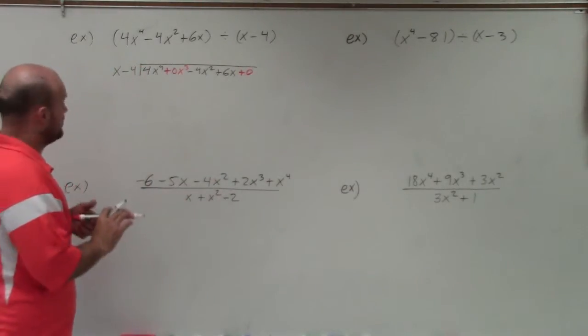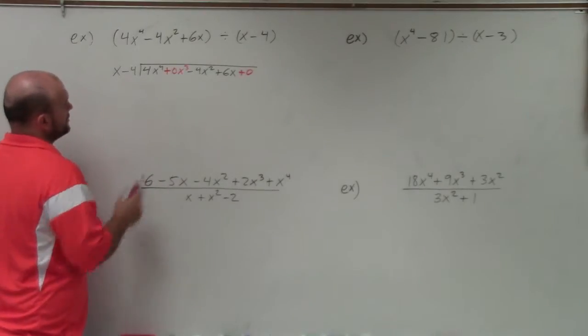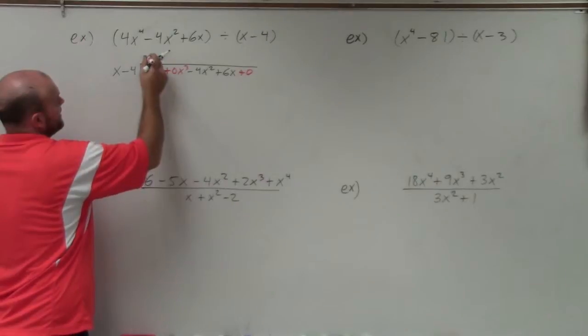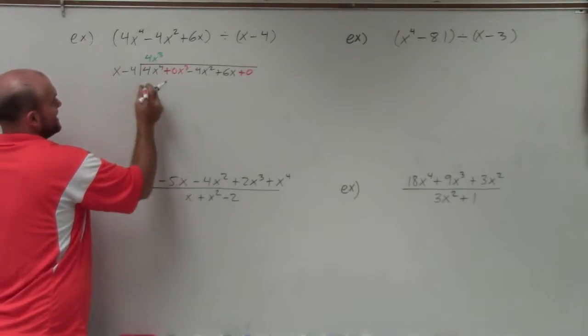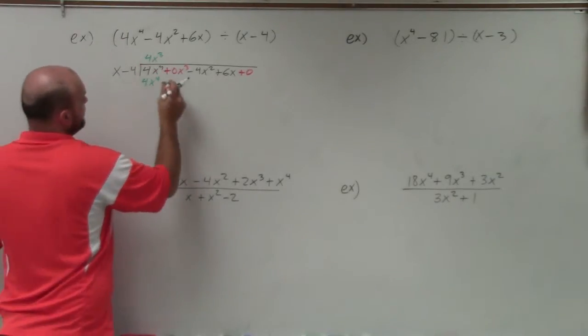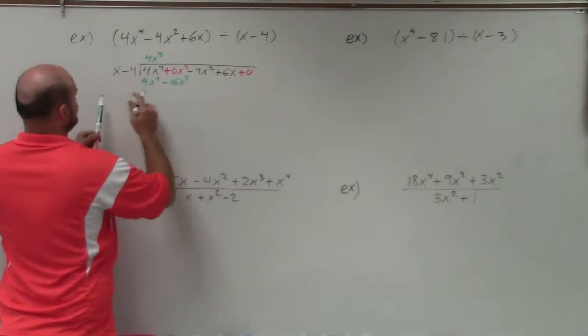OK, so now let's go ahead and apply our long division algorithm. I take x divided into 4x to the fourth, and I get 4x cubed. Then I multiply 4x cubed times x, which gives me 4x to the fourth. And then 4x cubed times negative 4, which gives me negative 16x cubed.